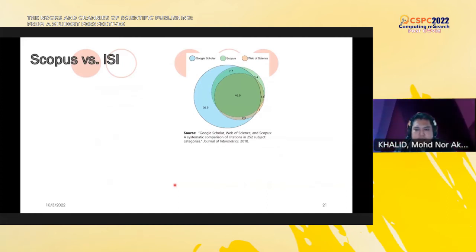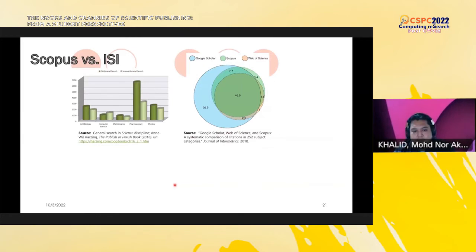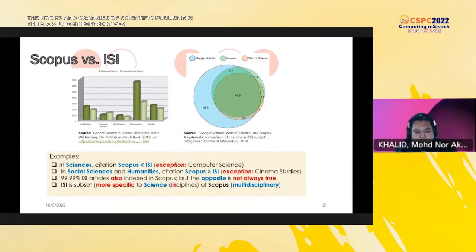Web of Science focuses more on science, and its citations are better in terms of science. But in social science and humanities, the citations for Scopus are better, because Scopus provides better coverage for that particular area.